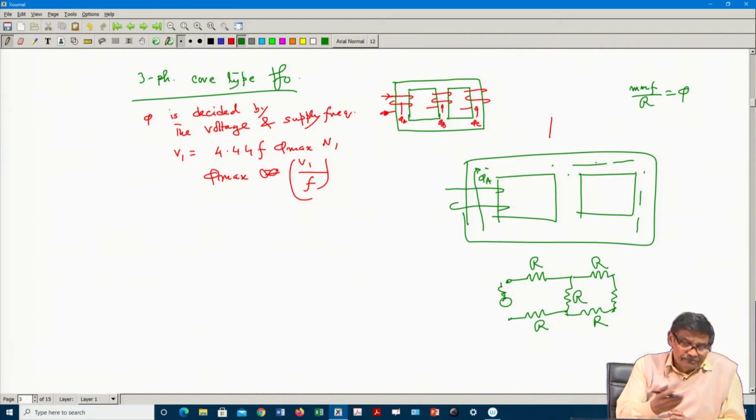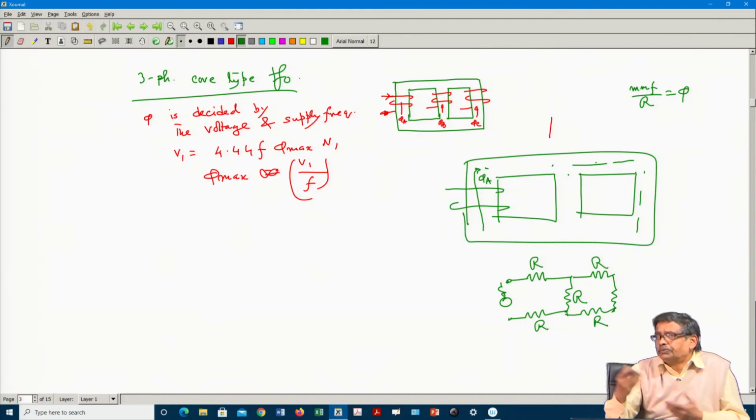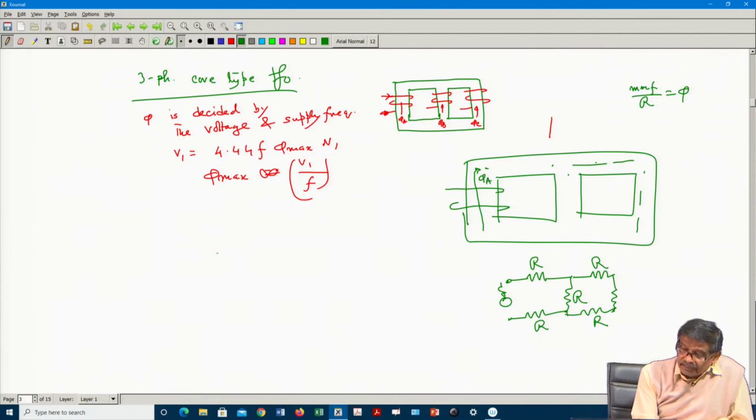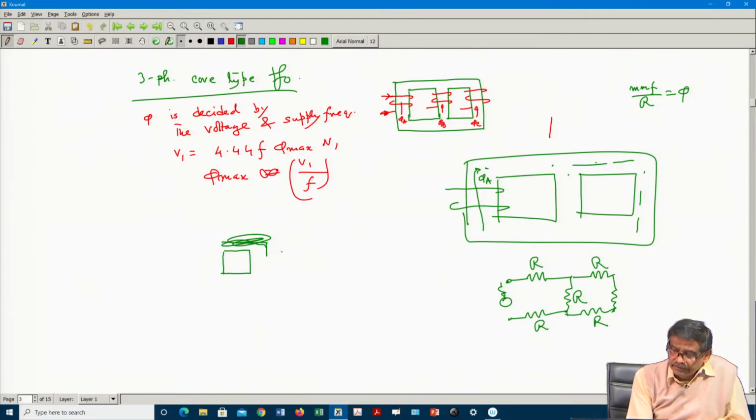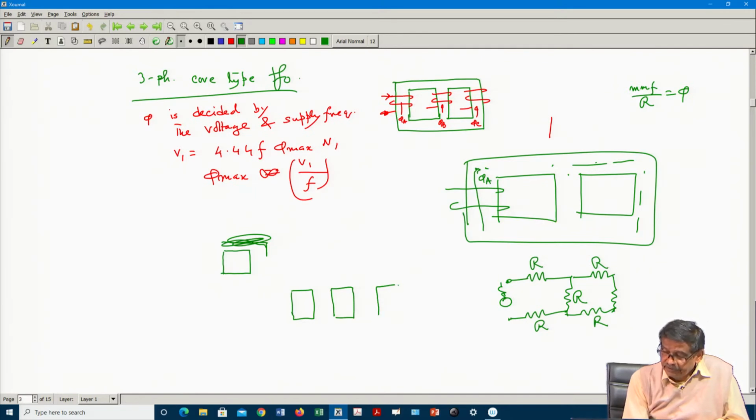But in a 5-limb transformer, if you have enough money for a very big transformer, maybe they will do it like this. You can do it in this way. Oh, sorry, I will draw it like this: 1, 2, 3, okay.